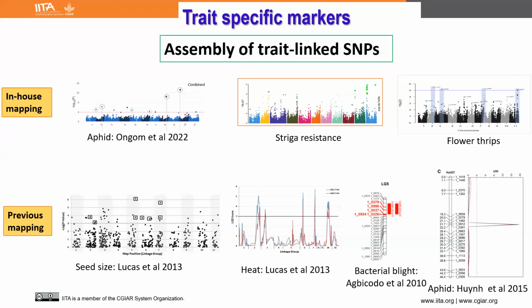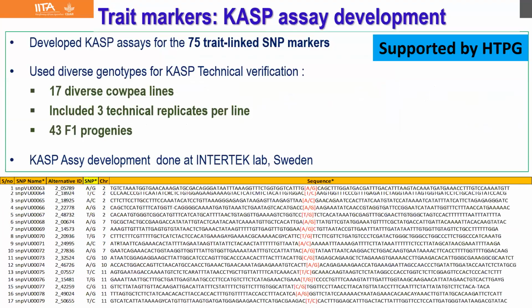We assembled a lot of SNP markers, and all this mapping was based on the initial genomic resources, either the iSelect or the Golden Gate assay that we used to map this, and we have information on the SNP markers that are used and even their design sequences. So we assembled all these trait-specific markers, and we came up with about 75 trait SNP markers, and Anna was really very instrumental in supporting us through this process.